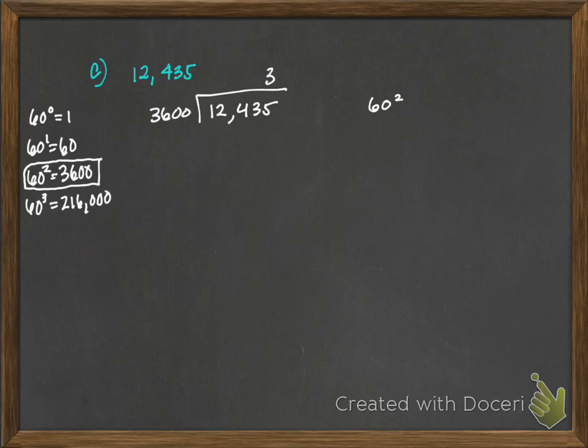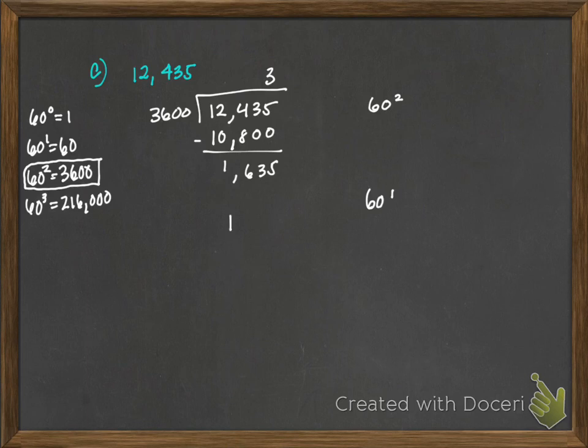It's 3 point something, so we forget the point something. We multiply 3,600 by 3 and get 10,800. Now I subtract, and I get 1,635 as my remainder. So I drop down to the next position value, which is 60 to the first.